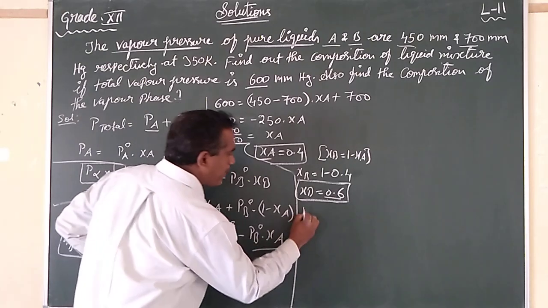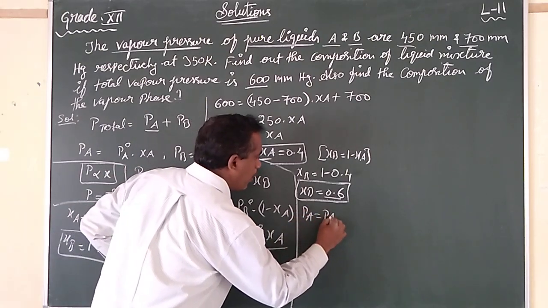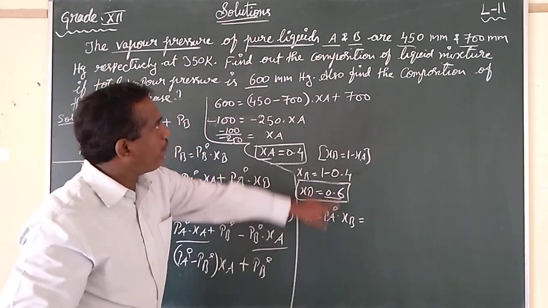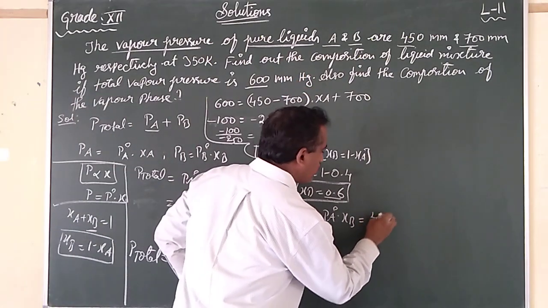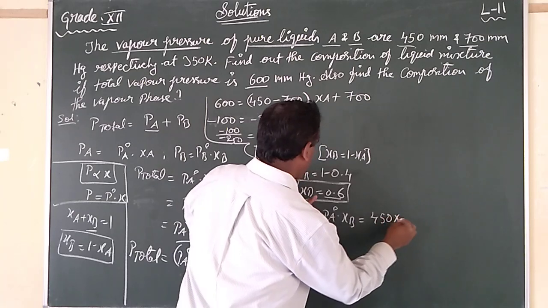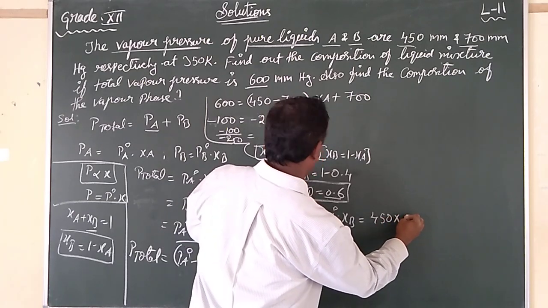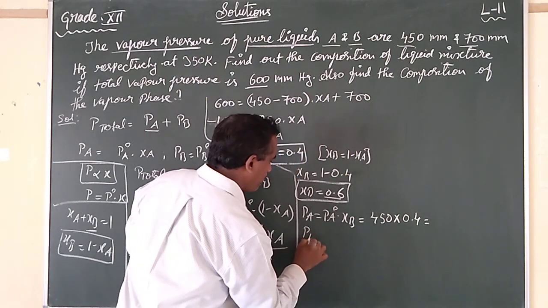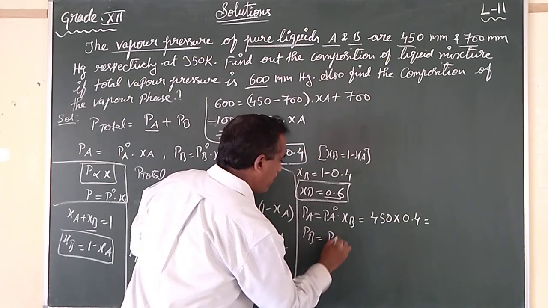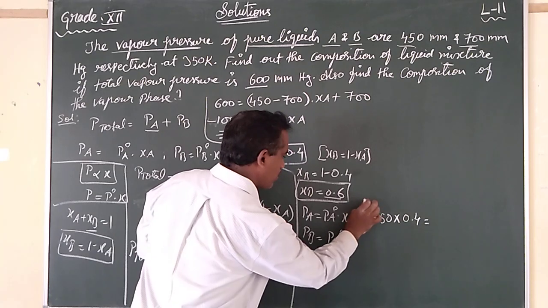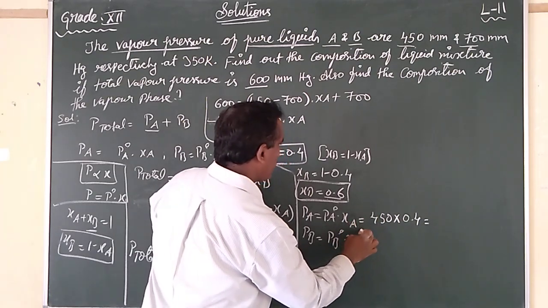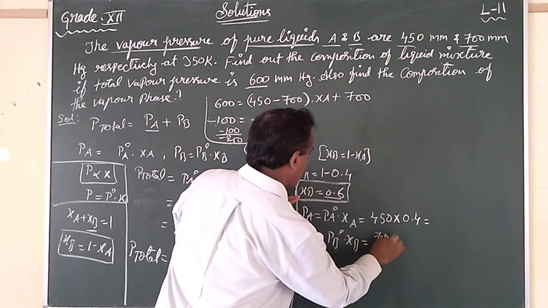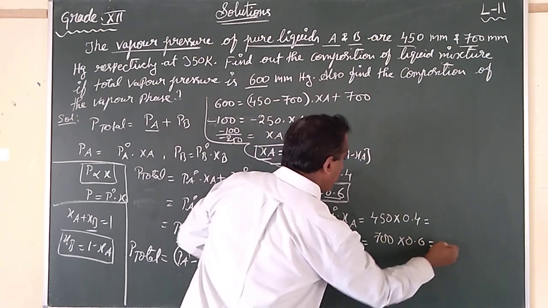That is, PA is equal to PA naught into XA. What was the PA naught value? 450, so 450 into 0.4. Then PB is equal to PB naught into XB, which is 700 into 0.6.